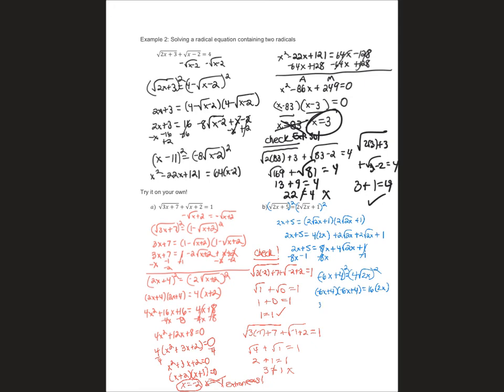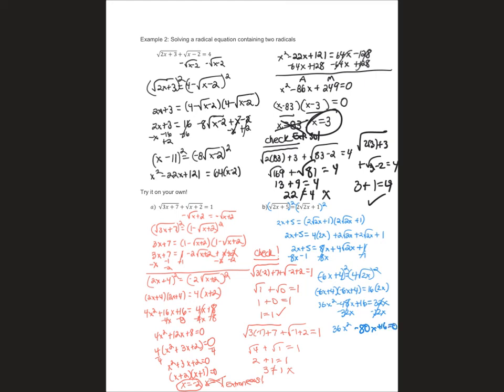So that's 36x squared minus 48x plus 16 equals 32x. We can go ahead and subtract 32x to the other side. And we get 36x squared minus 80x plus 16 equals 0.